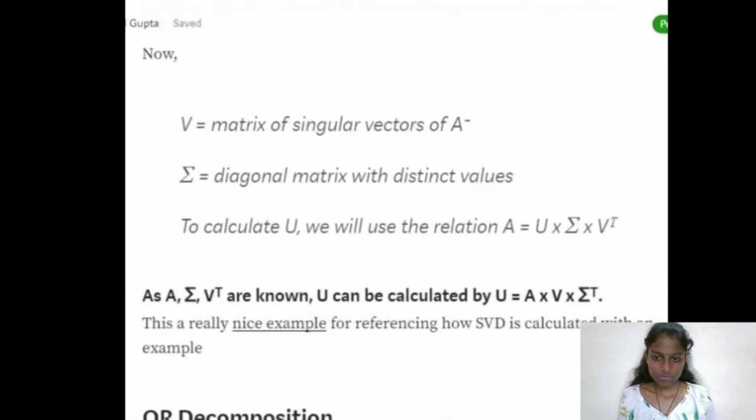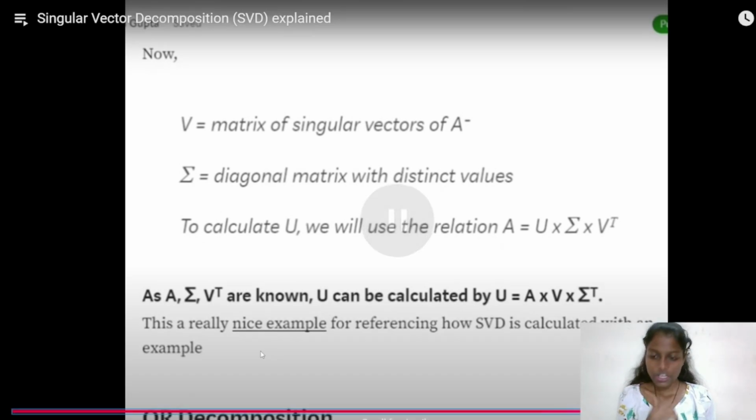In order to calculate U, we use the relation A equals U into sigma into V transpose. A, sigma and V transpose are known, so U can be calculated by U equals A into V into sigma transpose.